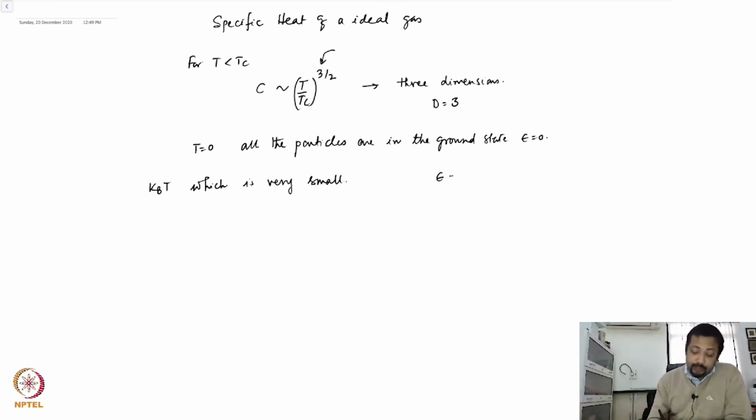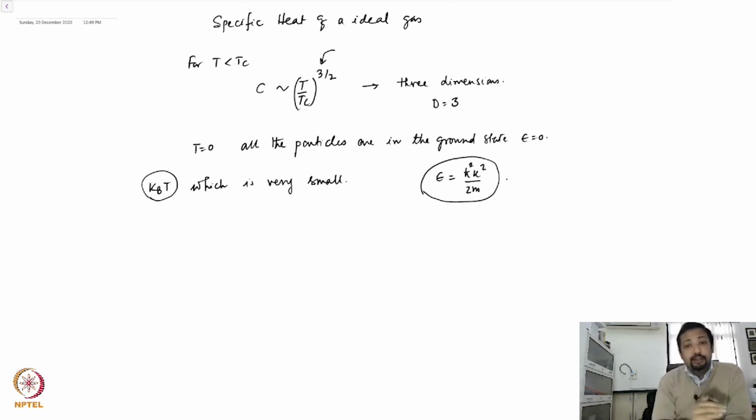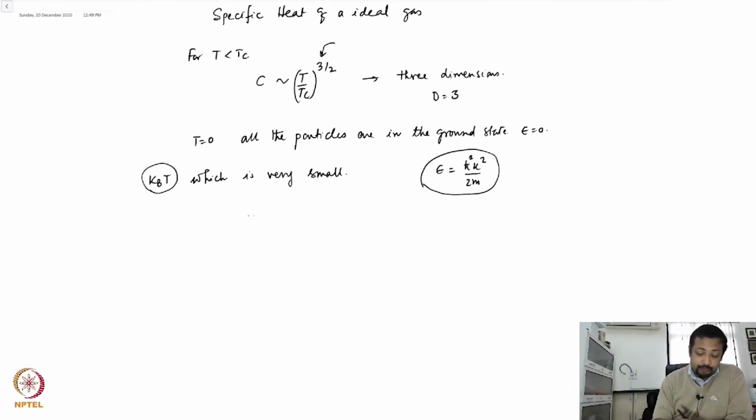Your free particle energy states have the energies h square k square over twice m, and when you give energy of the order of kBT to these particles, you can at most fill up a certain number of your k values, and that k value is given by h square km square over twice m is equal to kBT.